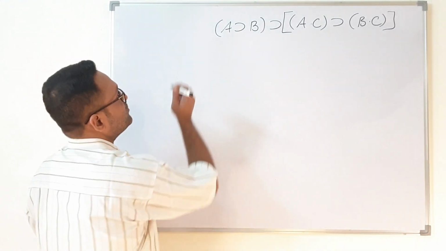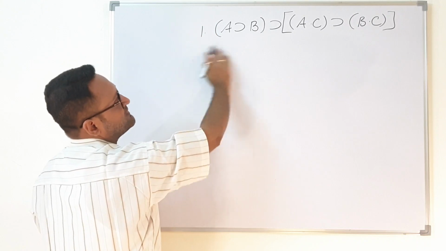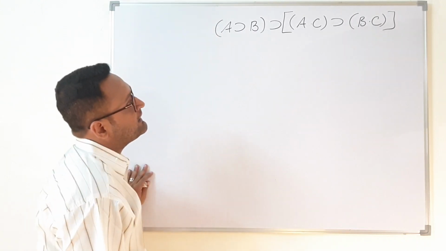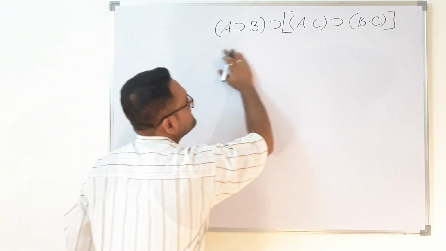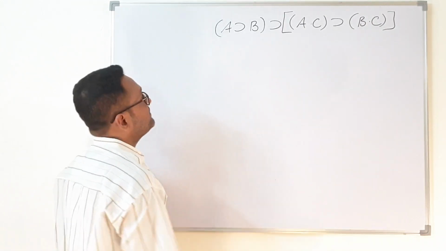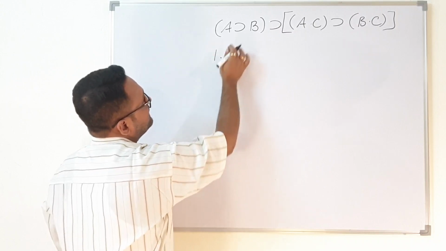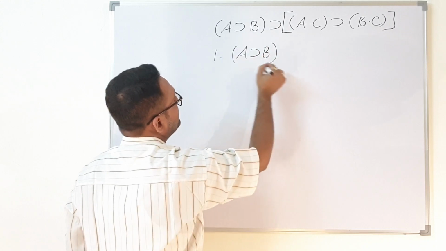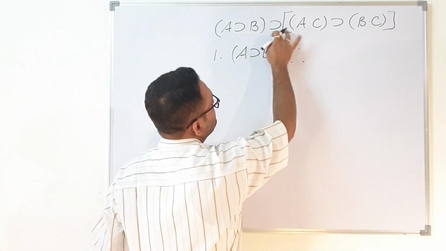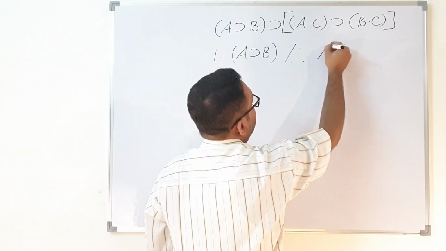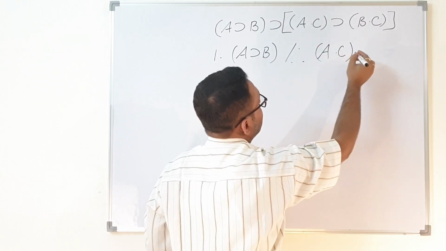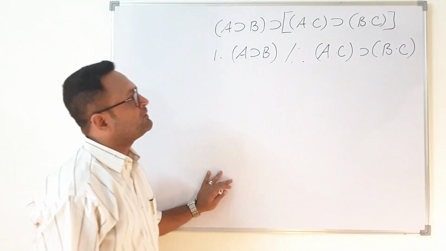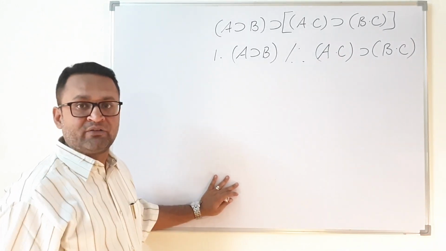Now, suppose this is something which you need to prove as a tautology. So what you will do, this is the one question which is given to you, you write 1 and you take this antecedent part, A implies B. Okay, therefore, this will become A dot C implies B dot C. Now it comes in an argument form, right?